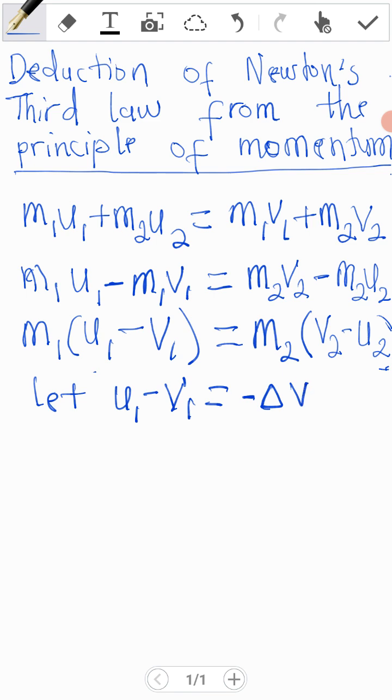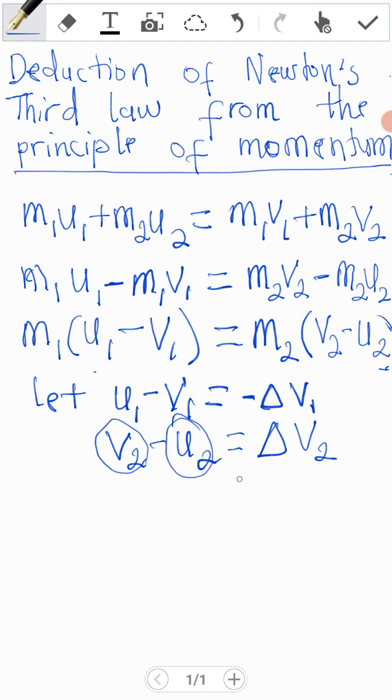So negative change in velocity 1, and then this one, v2 minus u2, is also a change in velocity. So we say let v2 minus u2 be equal to change in velocity 2, because we have the final velocity minus the initial velocity.